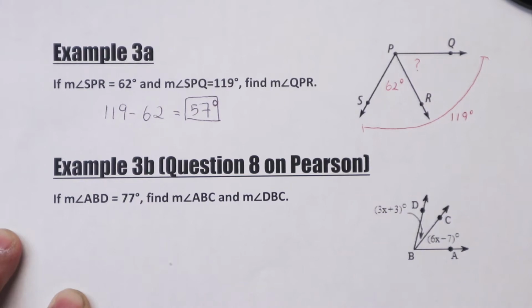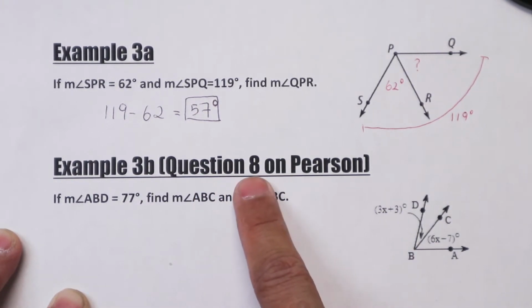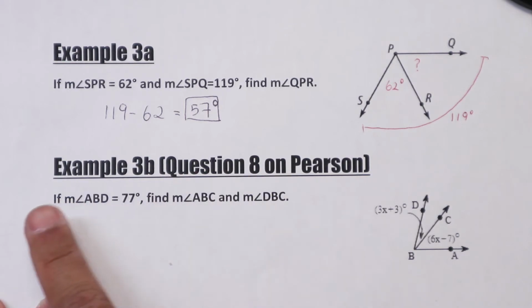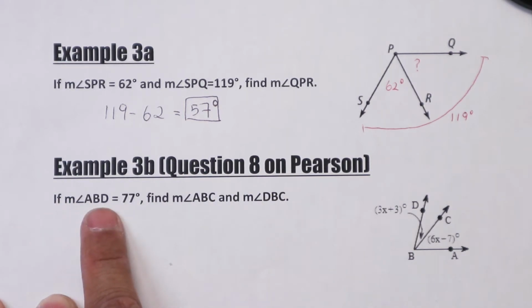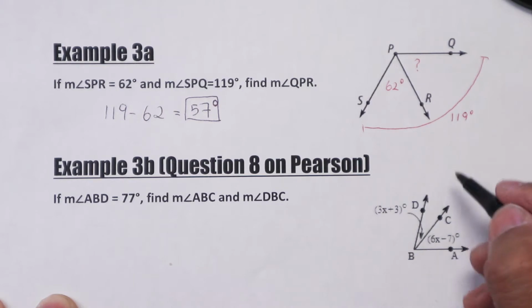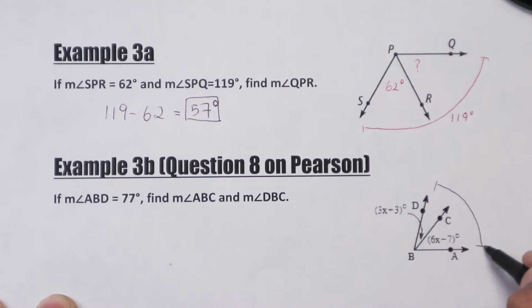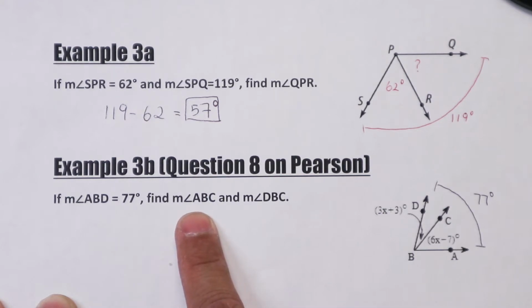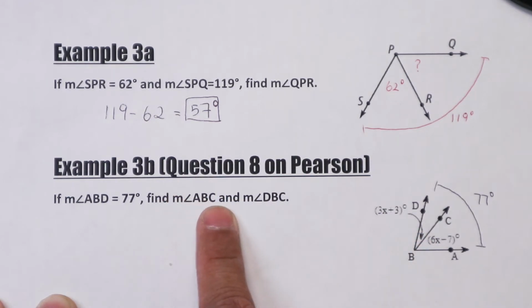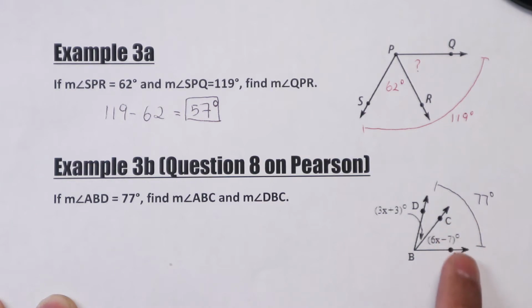Very, very easy. Okay. Now the next one is not so easy because this is actually question number 8 on Pearson. It says that if the measure of angle ABD is 77 degrees, which is this whole thing, well, what is the degree measure of the two little angles, ABC and DBC? Okay, ABC is the bottom one, DBC is the top one.